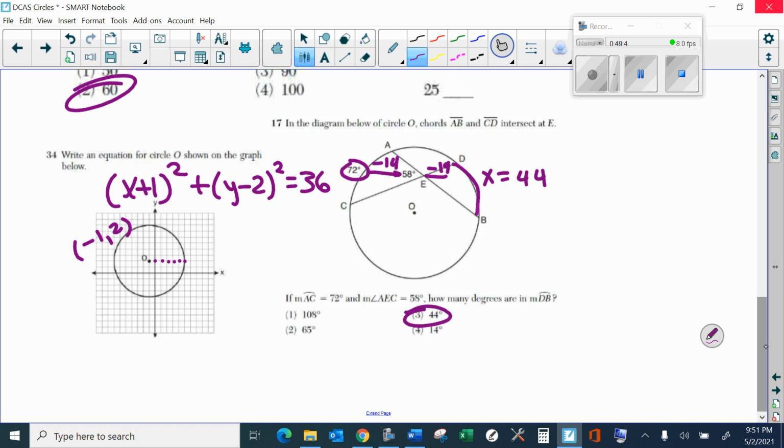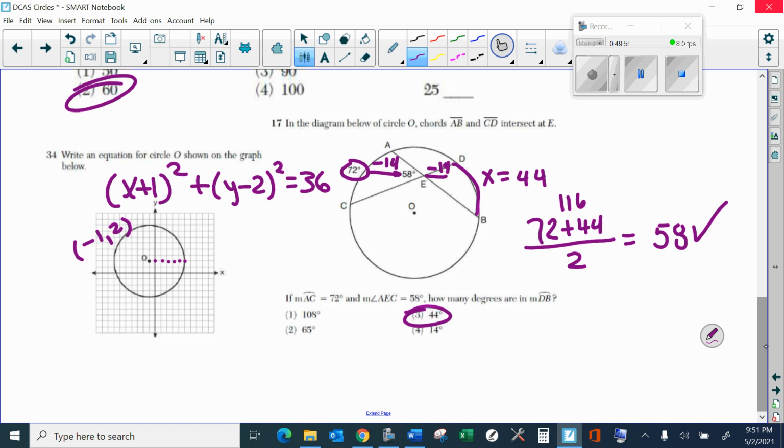So if I add 72 plus 44 and divide by 2, I better get 58. Is that true? 116 divided by 2 is 58. So I checked that.